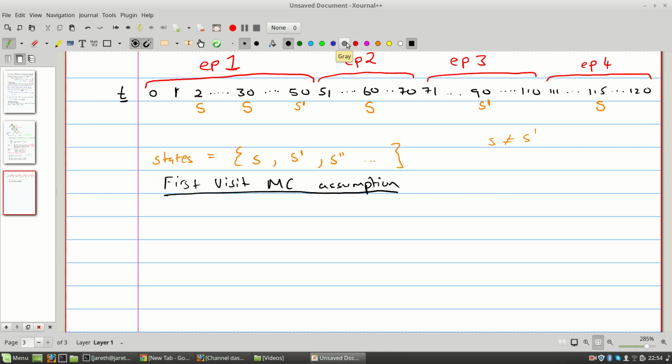So what are we trying to do here? Let's use this notation: T of S, which is the set of time steps that contain the state that we visited under the first visit assumption.